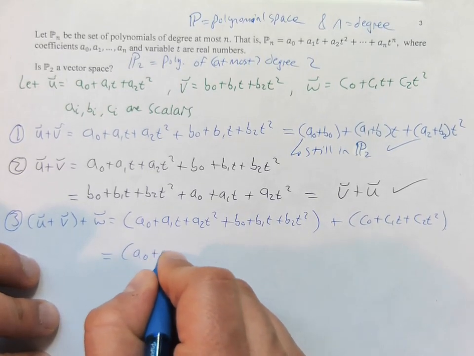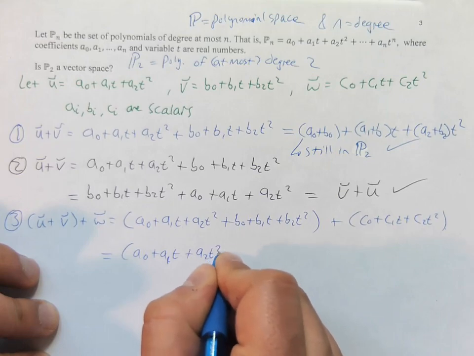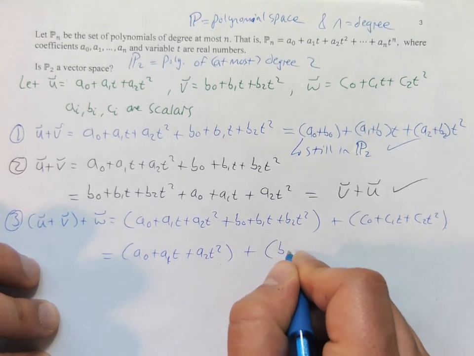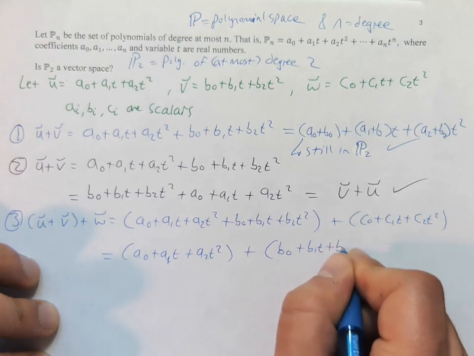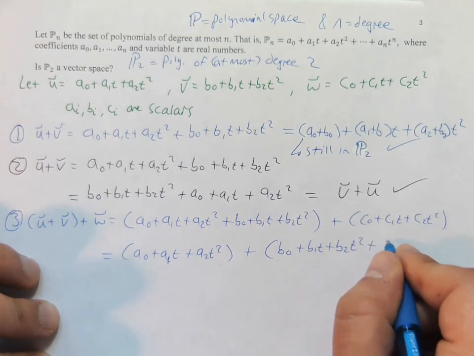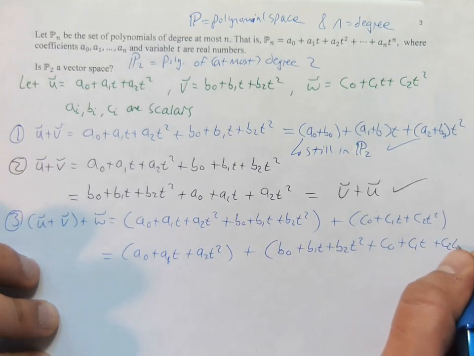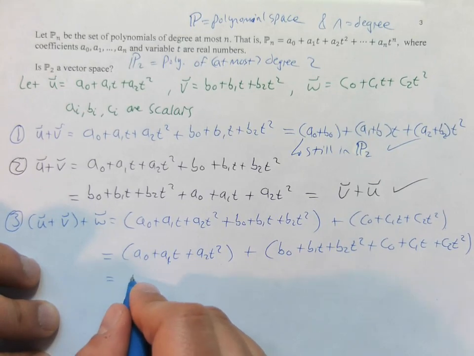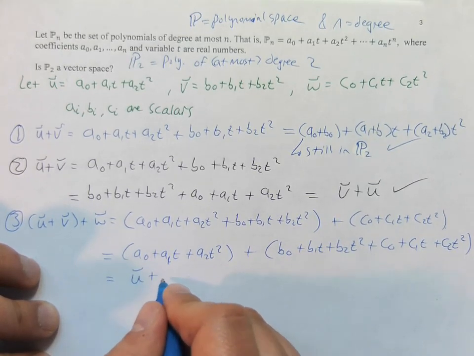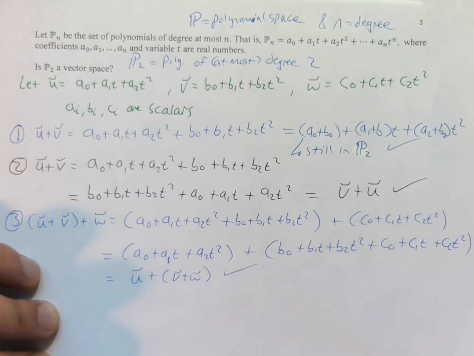So I'm just going to write u by itself and then group v and w. And we did it. This is now u plus v plus w. Check.